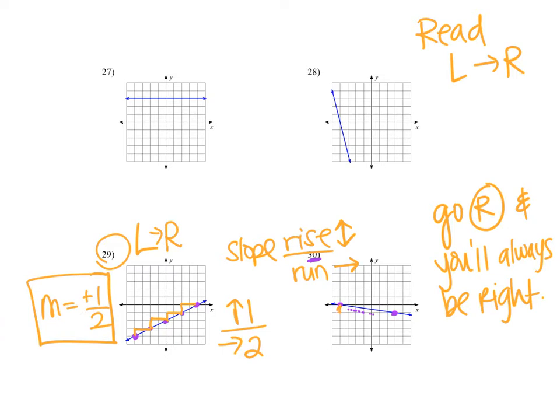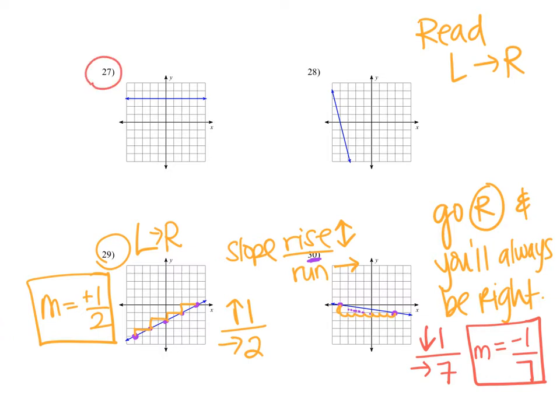So down 1 and then over 1, 2, 3, 4, 5, 6, 7. So I went down 1 and to the right 7. And because I went down, my slope is going to be negative 1 over 7. And I am done.